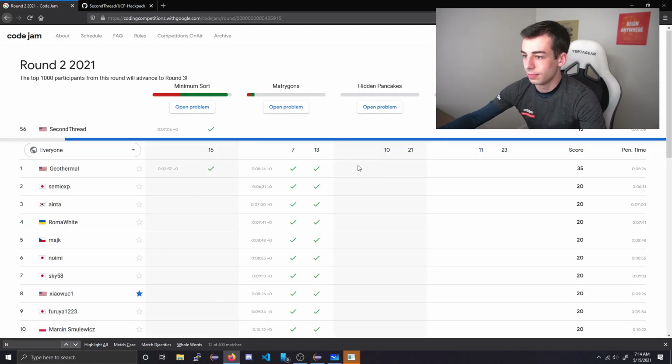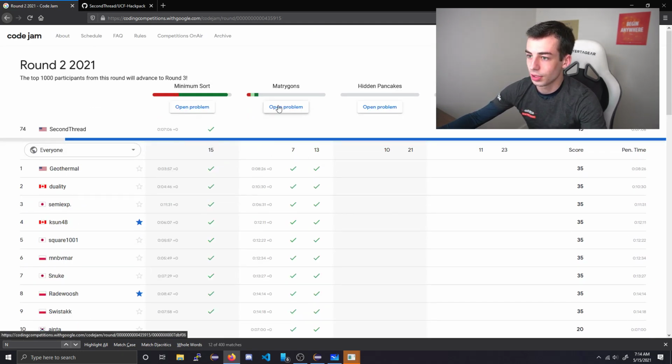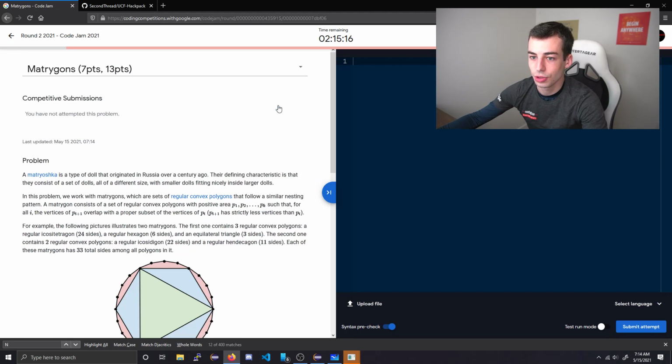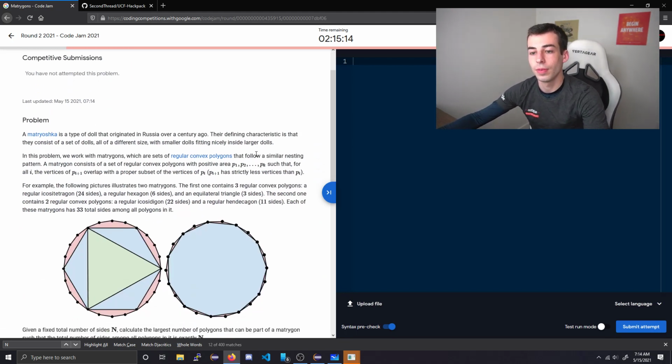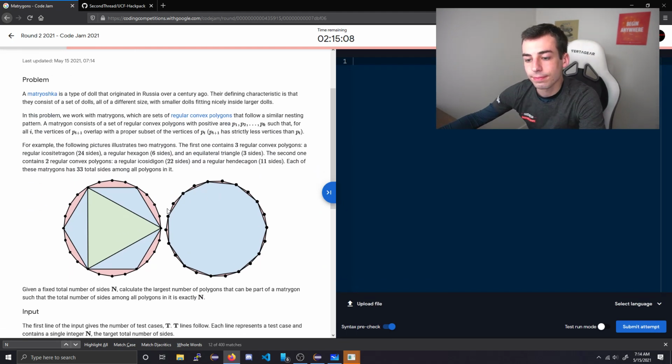Alright. Looks like this is the next most solved one. Let's try this. So you can remove a factor of anything, but you can't end up with a 2, because you can't have a polygon of 2 sides.